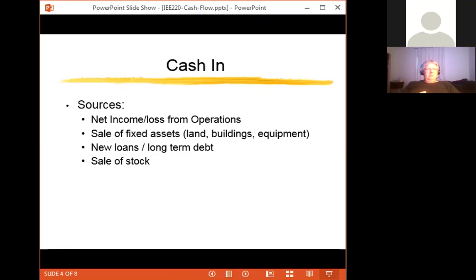So you may choose to sell some stock to somebody, and now you have 4 partners. They're bringing new money into the organization, which allows this plan to go forward. So that's cash in that you don't have to pay back. You dilute your ownership a little bit, but you share in it in a good way. So those are sources of cash coming in.